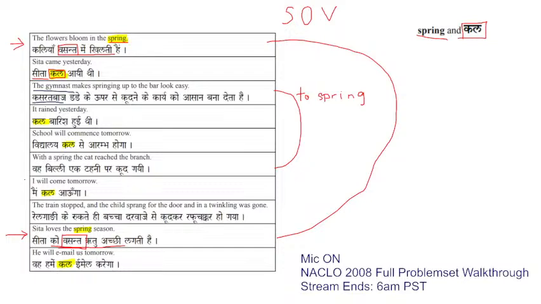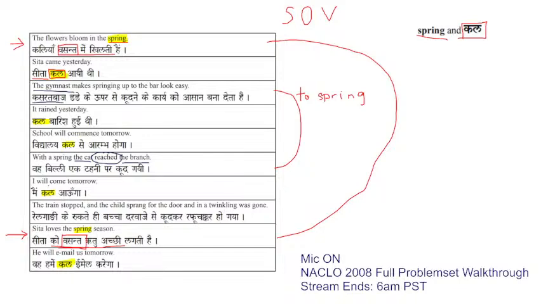So you don't know if with a spring comes first, or if it's like the cat with the spring reached the... no. With the spring is describing how the cat reached the branch, but the cat reached the branch should be the actual sentence, right?